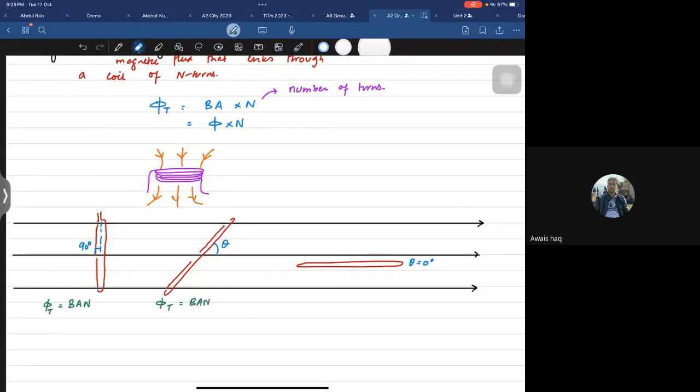Why do you need sine theta? Because you want to find the vertical component. Yes, perpendicular component. Very good.